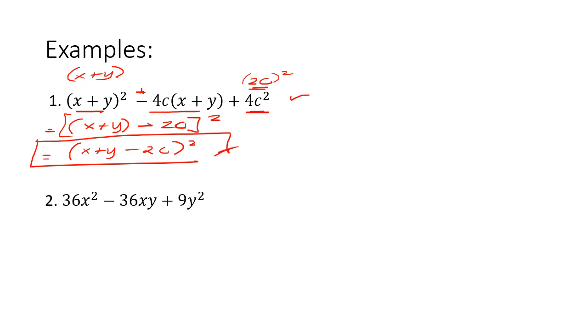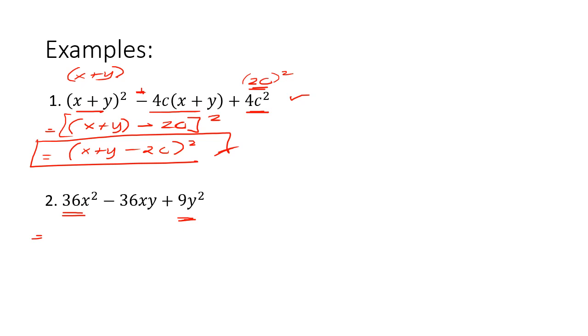So here, you have another one. You have 36x squared minus 36xy plus 9y squared. So according to the rule, sa category natin, we have a trinomial which is a perfect square if yung first term is a perfect square and yung last term is a perfect square. So if I have 36x squared, 6 times 6 is 36, and x squared, so x raised to 2.